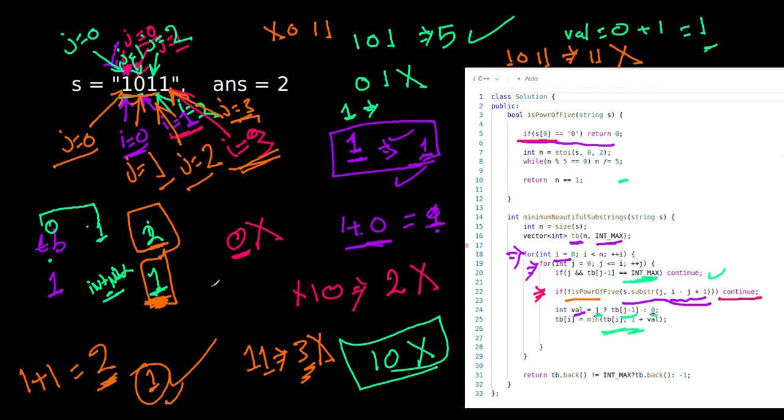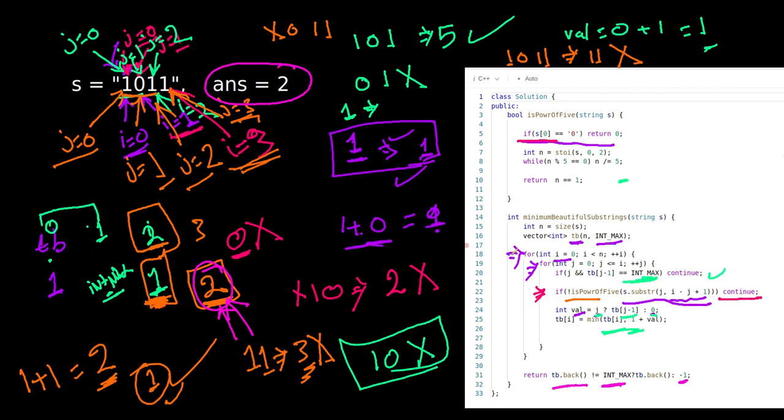Now 2 is less than int max, so we set the value at index 3 to 2. At the end, we check the value at the last index of the table. If it equals int max, that means it's impossible to divide it into beautiful substrings, and in this case we return -1. Otherwise we return 2, which is the answer, the value at the last index.